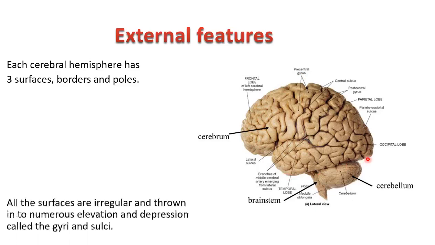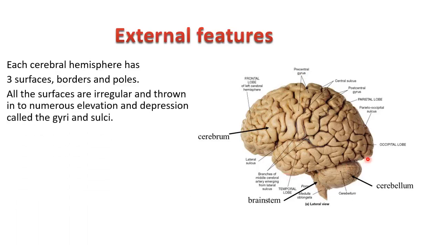They are irregular, because you see gyri and sulci on all the surfaces, whether it is the lateral, the medial, or the inferior surface. All of it is made up of gyri and sulci.